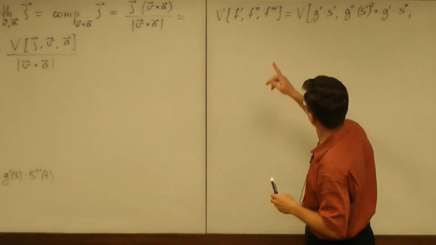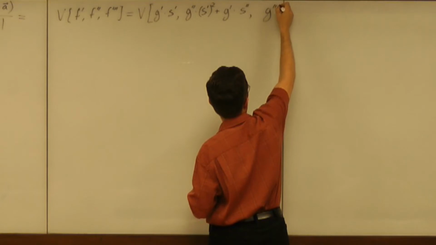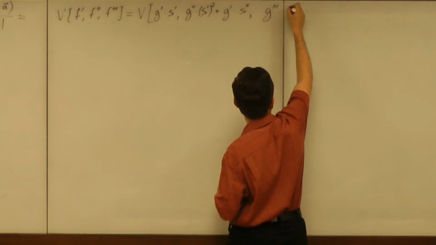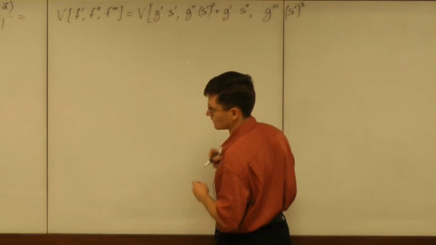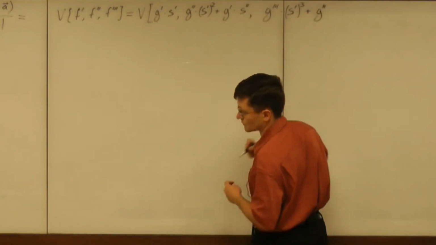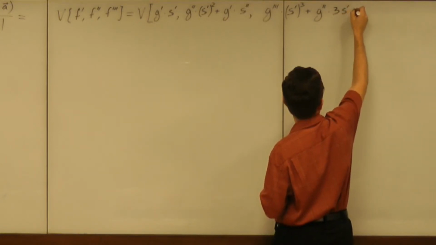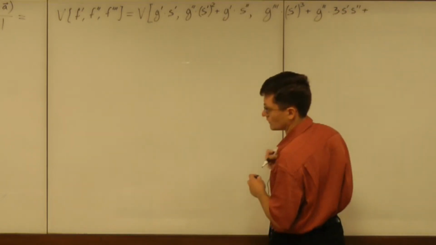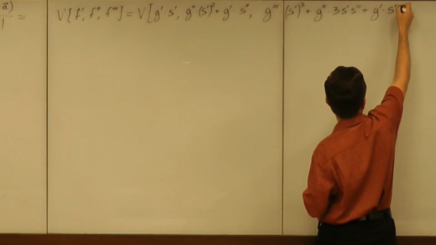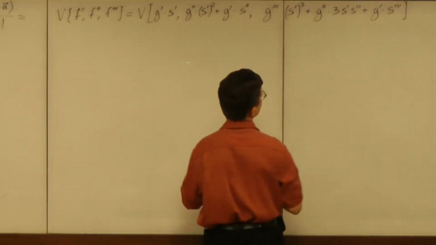And the last term, f triple prime, is the longest, so it is g triple prime of s times s prime cubed plus g double prime times 3 s prime s double prime plus g prime times s triple prime. Okay, that's the volume I have to look at.